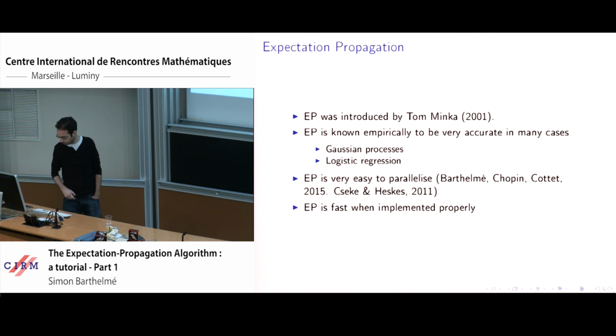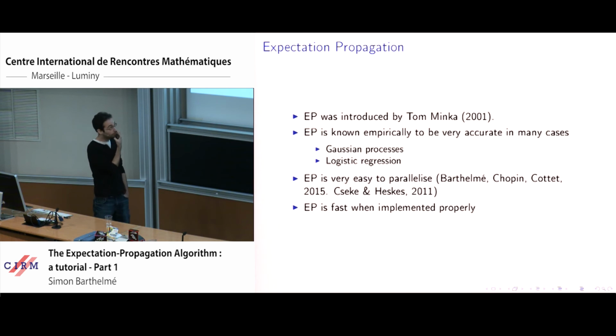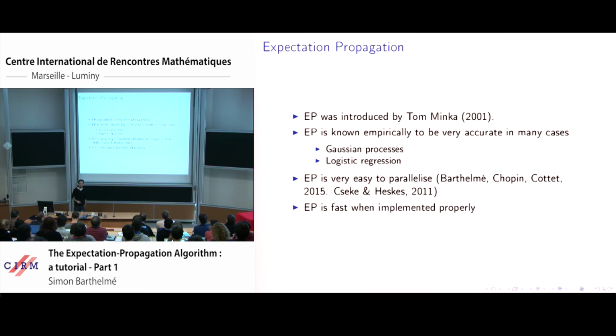Okay. So EP is actually not so new. It was introduced by Minka in 2001. It's quite popular in machine learning. It's less popular in statistics, I think, because statisticians are, on average, less comfortable with dirty approximations. Everyone wants to be exact. But it's getting more popular, and one of the reasons is that it's known empirically to be very accurate in many cases.